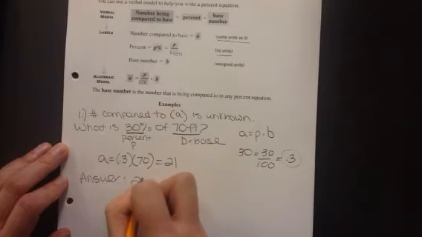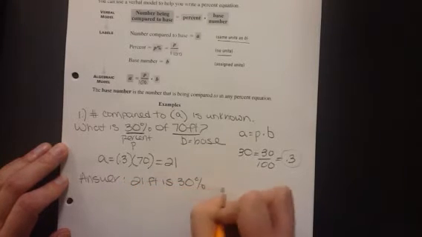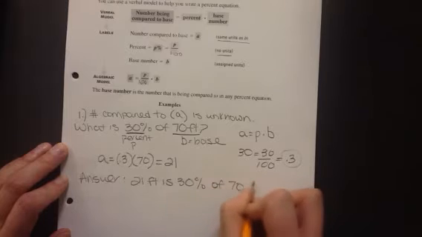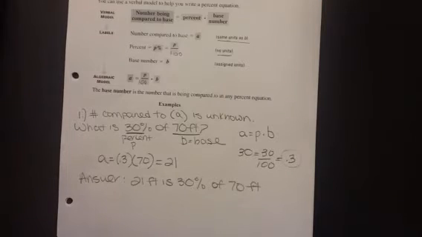The answer is 21 feet is 30% of 70 feet. That's one kind of problem we usually see dealing with percents.